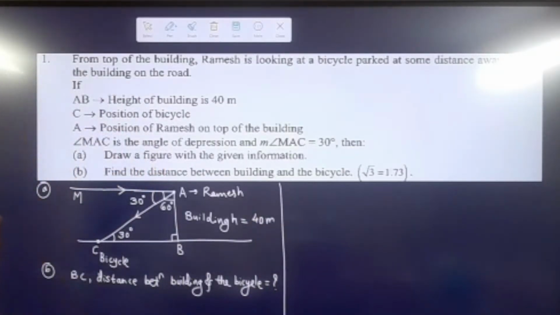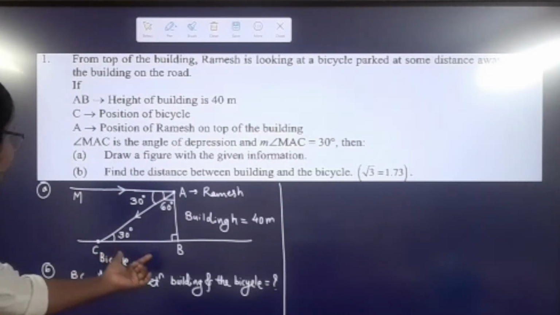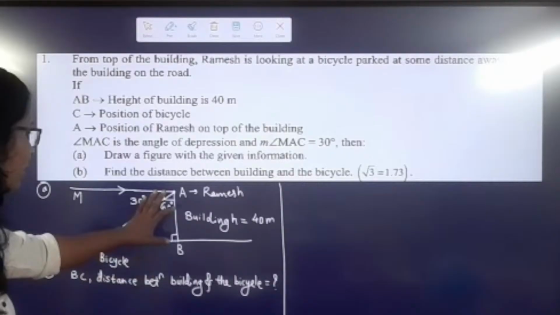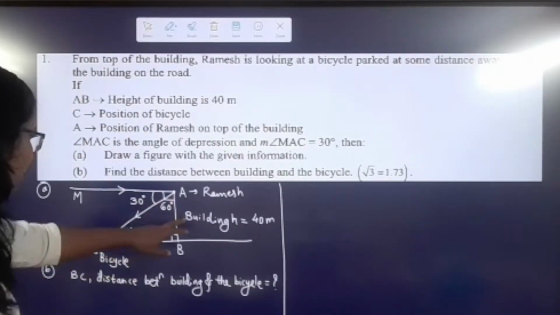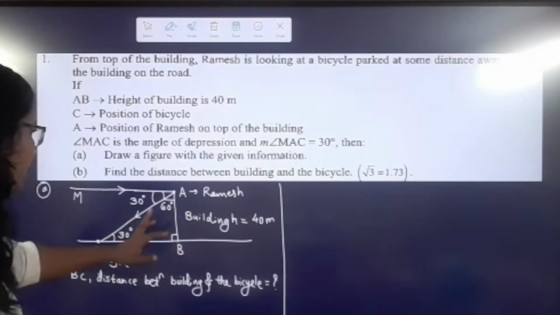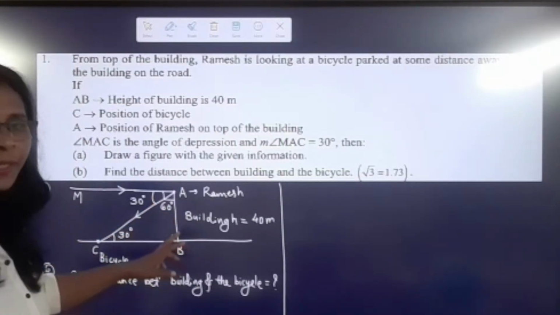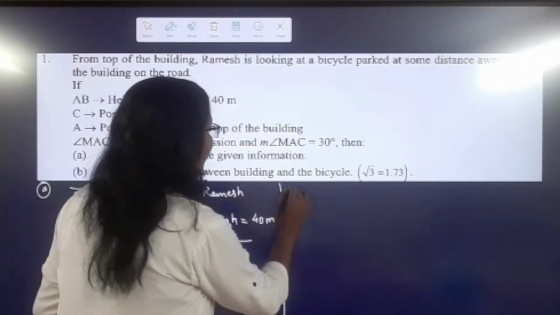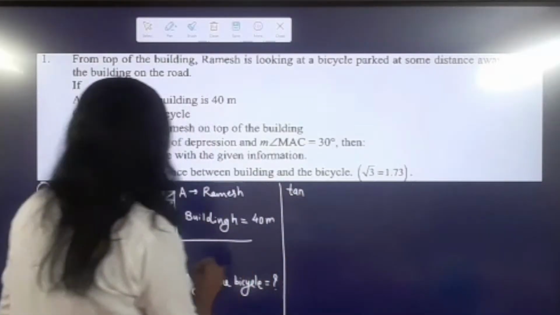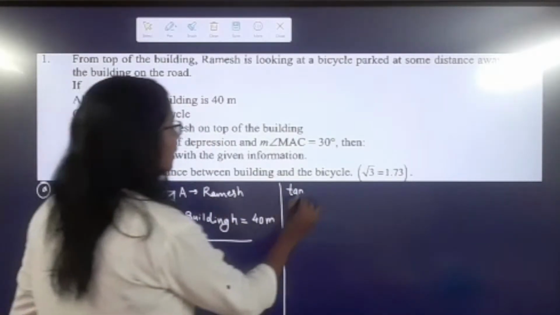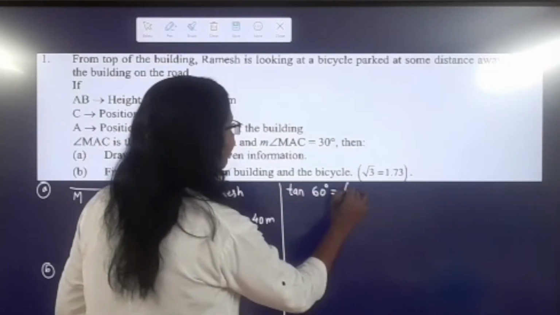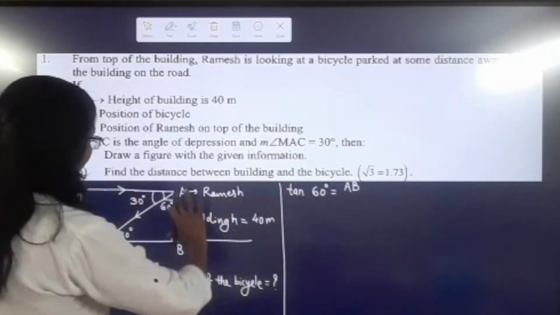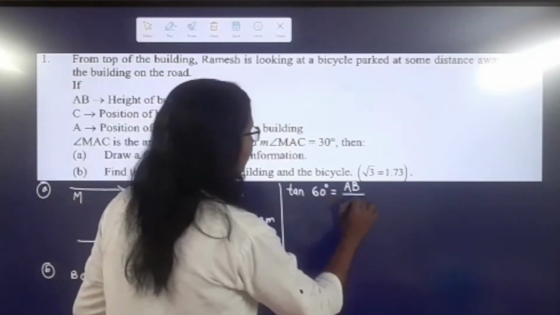Then next one, BC. Here we have to calculate BC. We know the H, so that means the opposite side and the adjacent side. So that is mentioned in the tan ratio. So here we write down tan 60 is equal to AB upon BC.